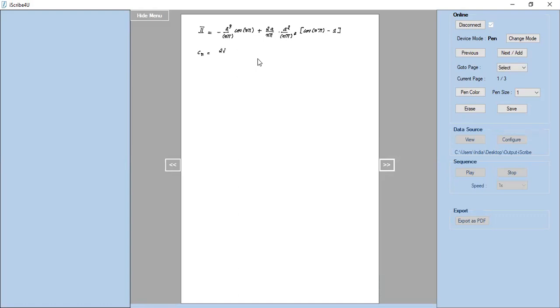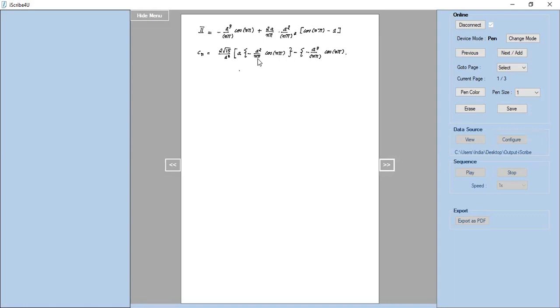Cn becomes 2 root 15 by a cube into a minus a square by n pi cosine of n pi, right? Minus, actually, yeah, so then you'll get over here a minus a cube by n pi cosine of n pi.